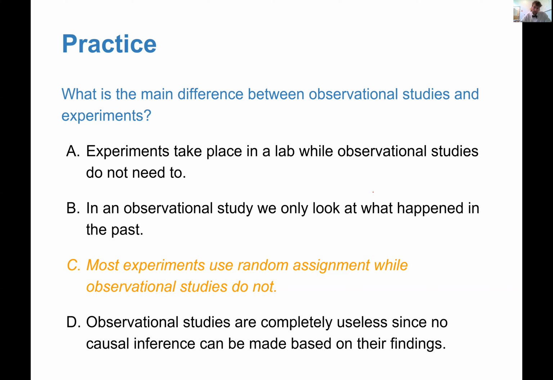And then D, observational studies are not completely useless. They point us to things. If an observational study finds correlation, then maybe we have enough information to get the funding to do a good experiment to see if there's causation. So with observational studies we want to be careful that correlation is not causation, but they're not completely useless. They're still useful for some things.